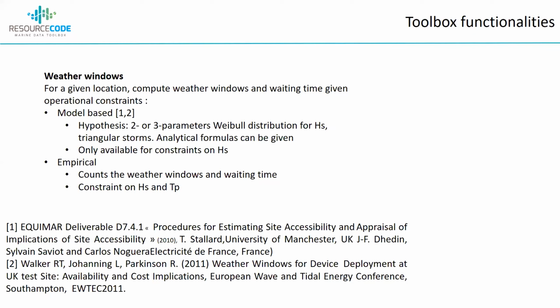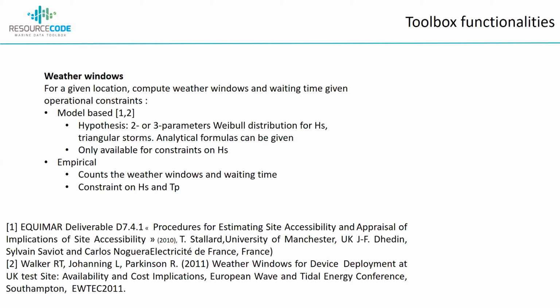The idea is to fit a two or three parameter distribution to the HS, assuming some shapes of the storms, and then we can derive analytic formulas for the weather windows, waiting time, etc. We'll show some results of this approach.